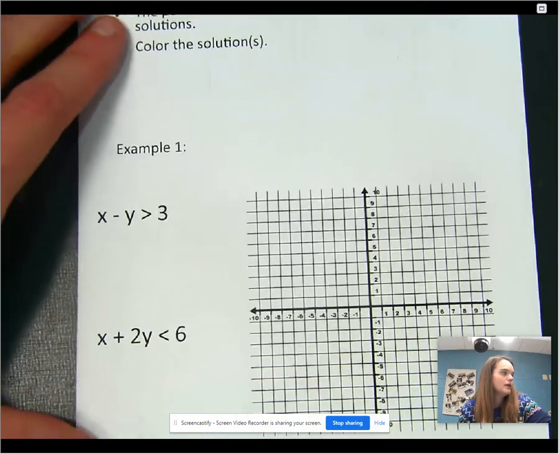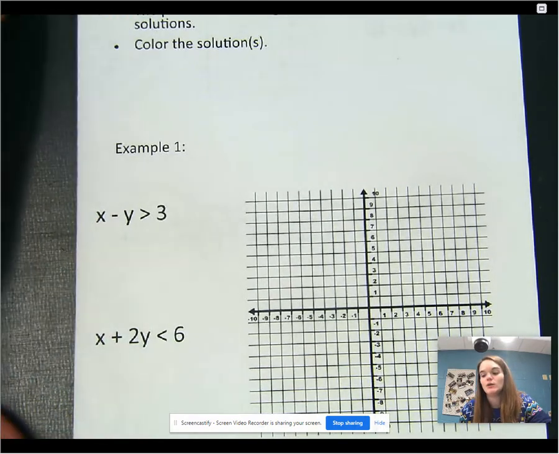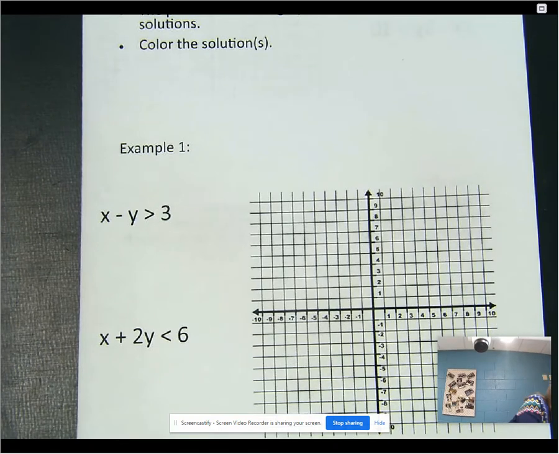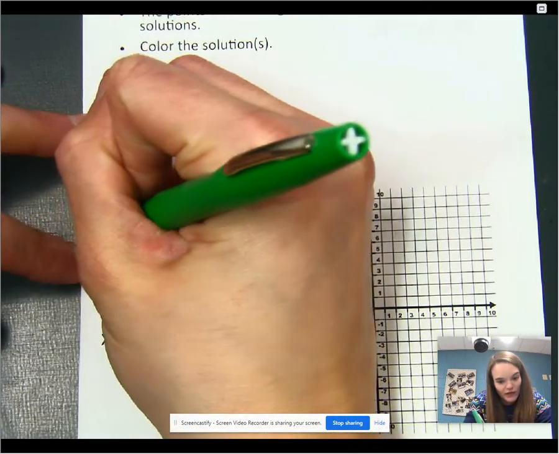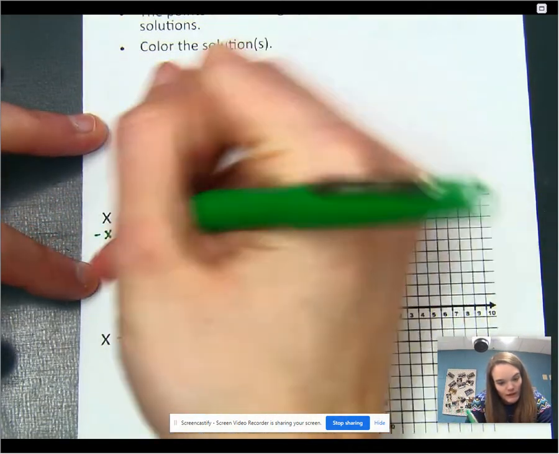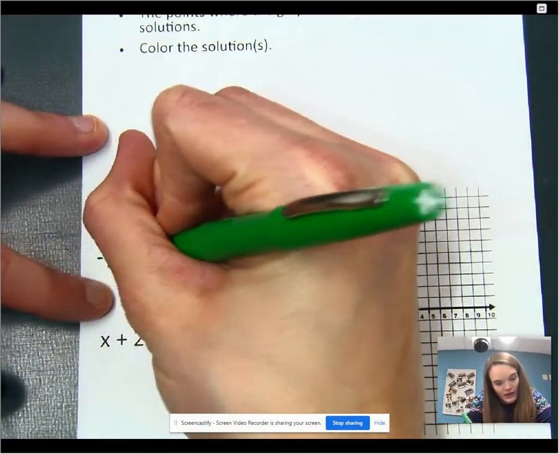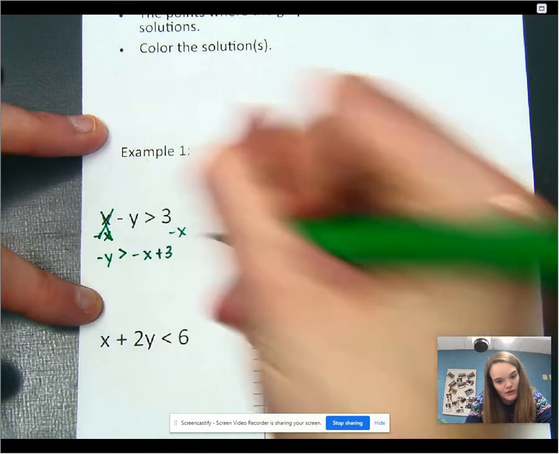So example 1. These are not in y equals mx plus b form. So guess what? We have to solve. So we need y by itself. To do that, every single time, we just move over the x. So negative y is greater than negative x plus 3.